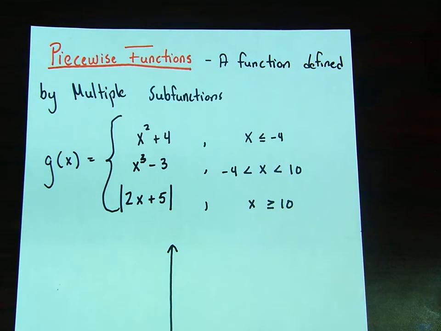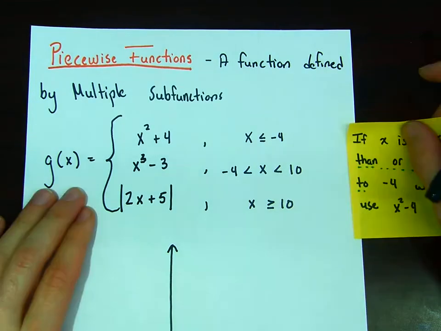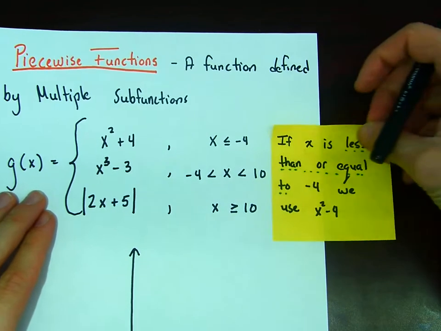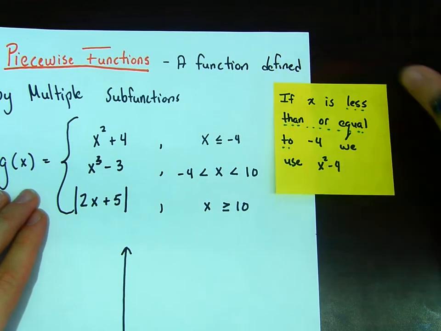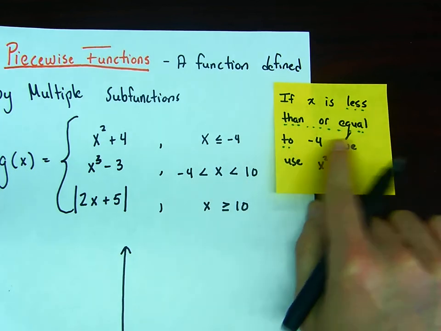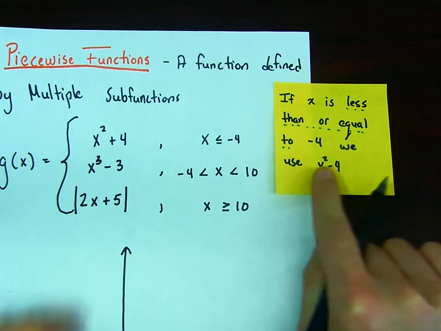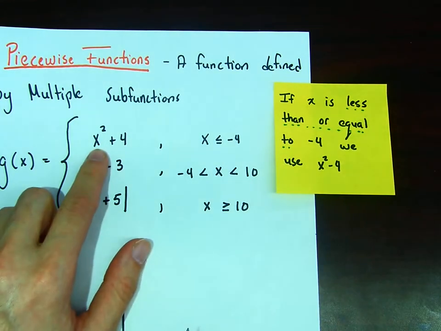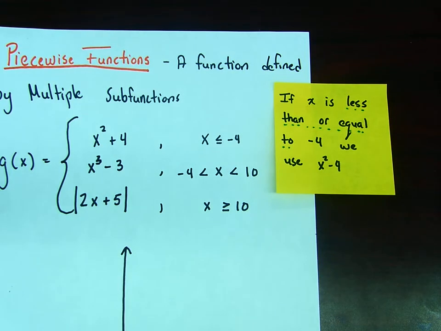So here, let me move this a little bit. If we look at the first line, if x is less than or equal to negative 4, then we're going to use x squared minus 4. What about for the next part?